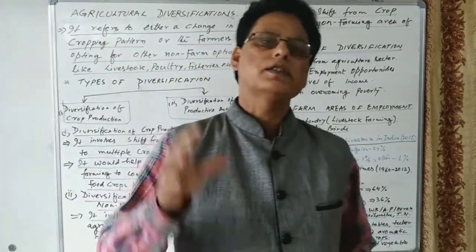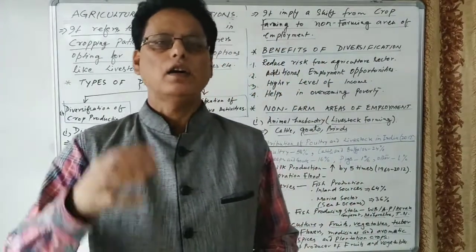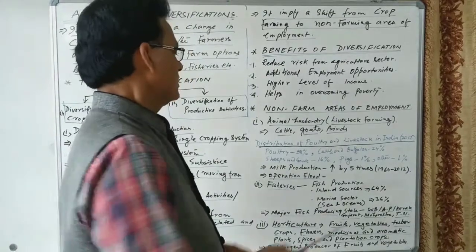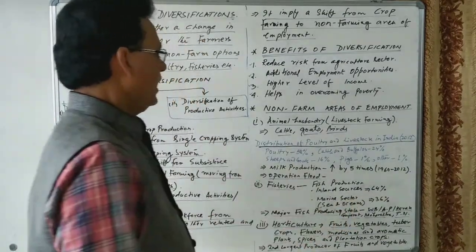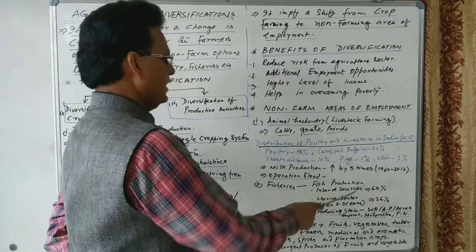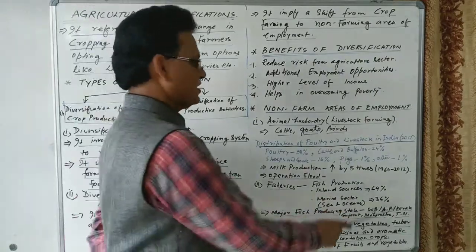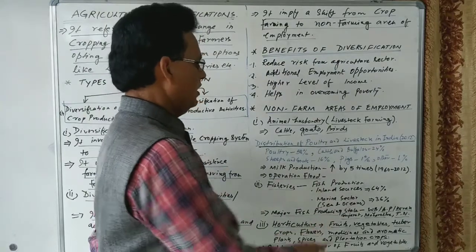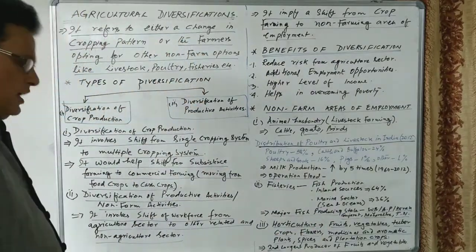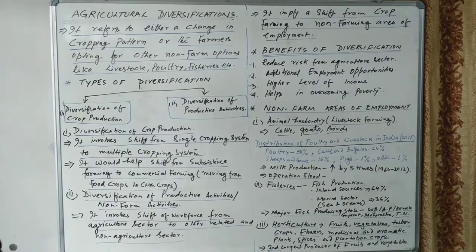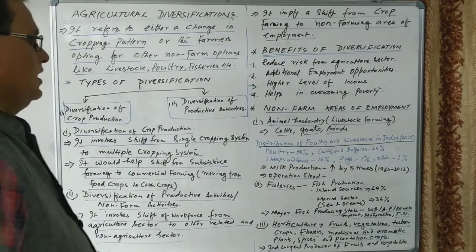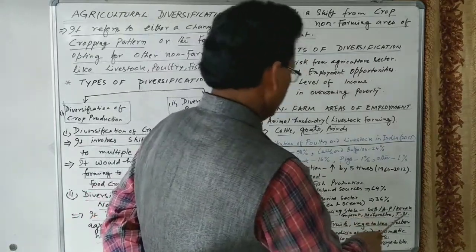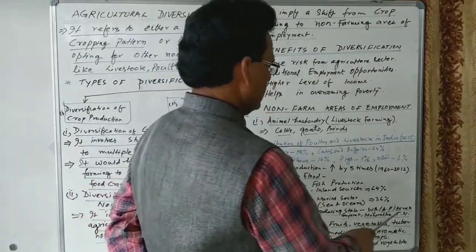So in our country, the production of fishes is obtained from both sources. But in India, 64% of the fishes are obtained from inland sources, and 36% of the fishes are obtained from the sea and ocean in our country. And the major fish producing states are given here: West Bengal, Andhra Pradesh, Kerala, then Gujarat, Maharashtra, Tamil Nadu.